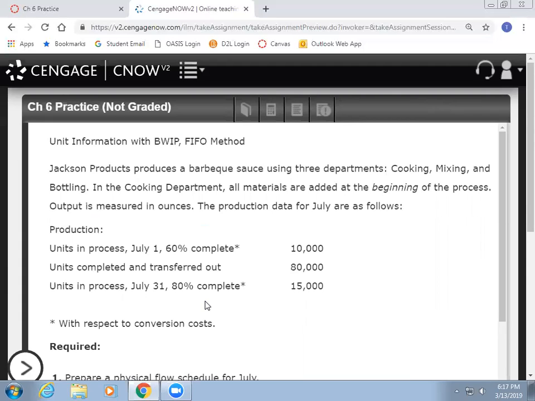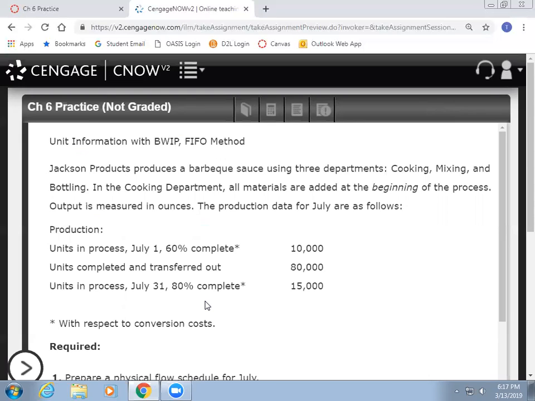Again, the FIFO process is just a little bit tricky. The example is on page 2 of your notes. If you refer to page 2, the physical flow reconciliation is the same. You're still accounting for and calculating that the same. But equivalent units of production is where things change.